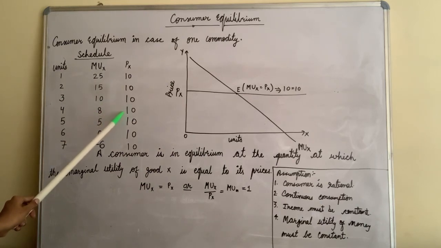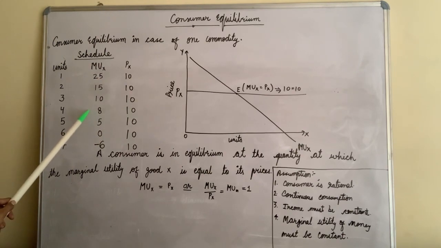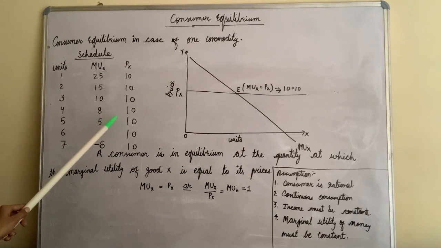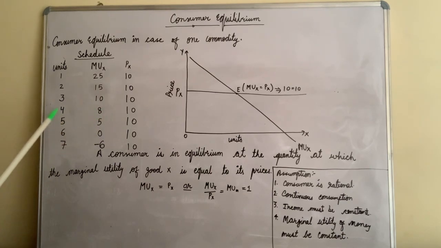So what I find here is that my price is more than my satisfaction, so I will not eat more KitKat. Looking at the whole schedule, if I eat unit 5 of KitKat, it gives me 5, then a point will come where MU is 0, and it will become negative onwards.